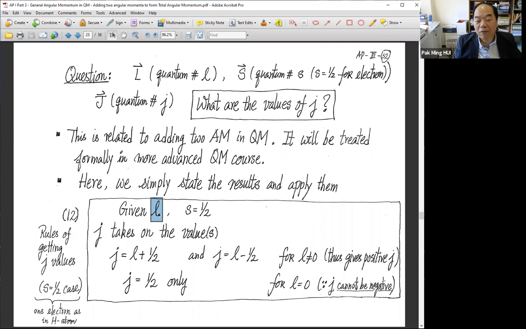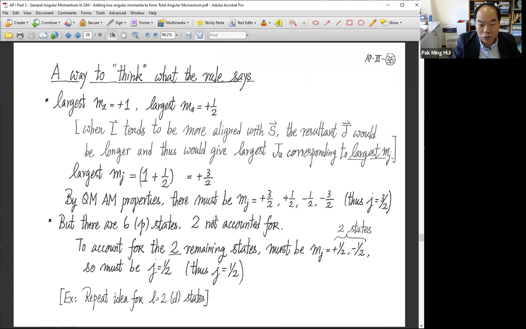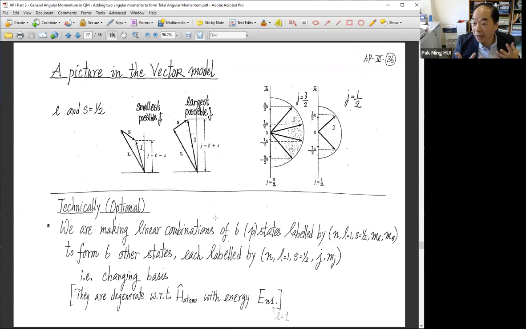So if you give me P, the longest Z component is 1 h bar. If you give me spin half, the longest is half h bar. Now we have two possibilities in drawing the vectors. One J is 3 over 2.